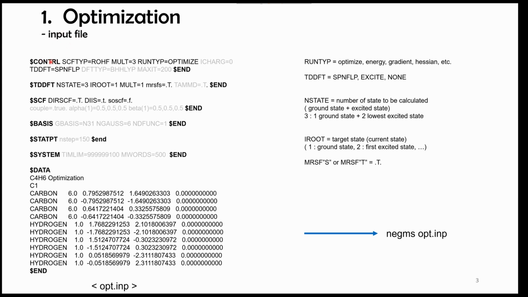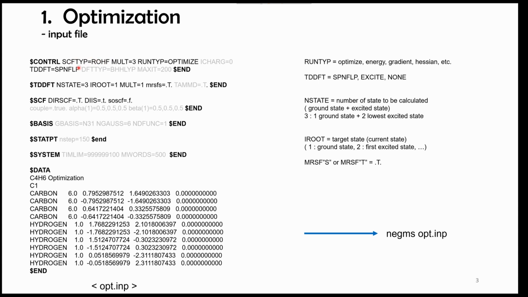In GAMESS, there are many kinds of groups, which are separated by $group and $end. Here I show what is important in black and what is not important in gray. Let's have a look one by one. This SCFTYP is the wave function type.